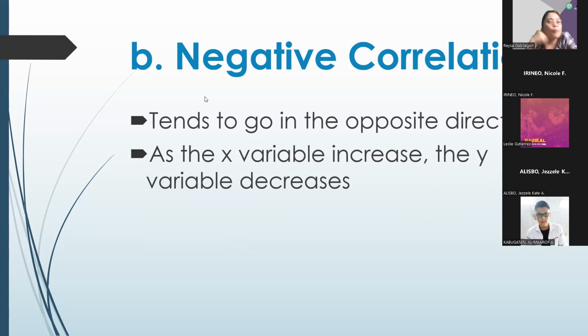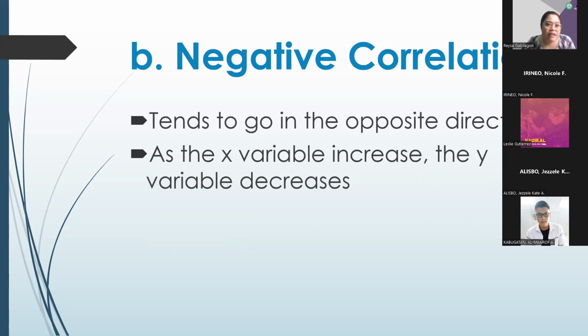But if the computed r value has a negative sign, it means that there is a negative correlation. And in a negative correlation, class, the relationship goes in the opposite direction, wherein as one variable increases, the other one decreases.